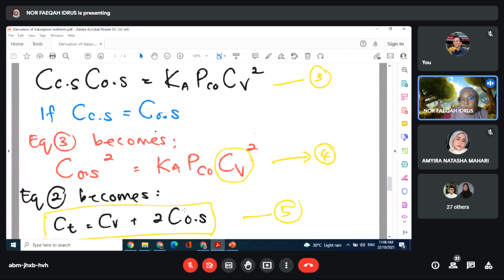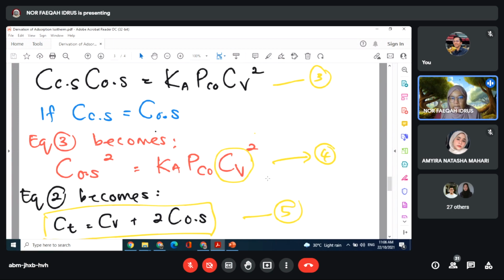Okay, why do we choose CO dot S? Because we want to write the adsorption isotherm for the adsorbed oxygen. But if you want to write for the adsorbed carbon, it should be no problem. So you derive for adsorbed carbon, you get C dot S, 2cc dot S. So it depends on your requirement, or the question's requirement.